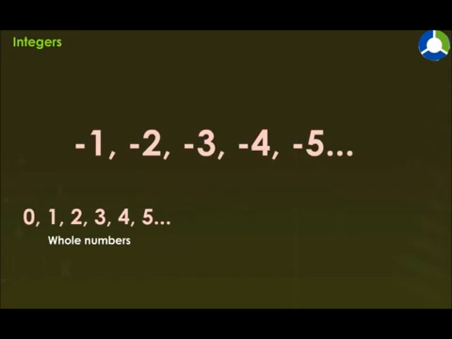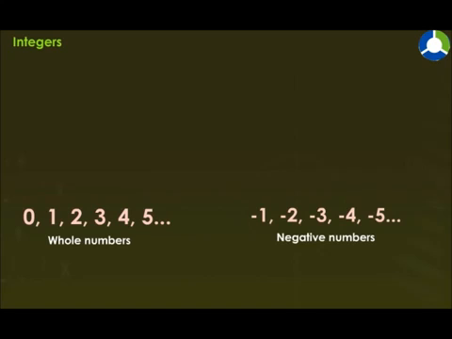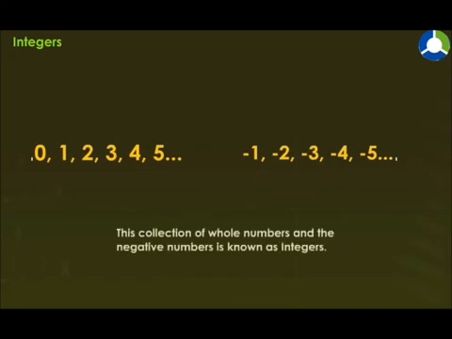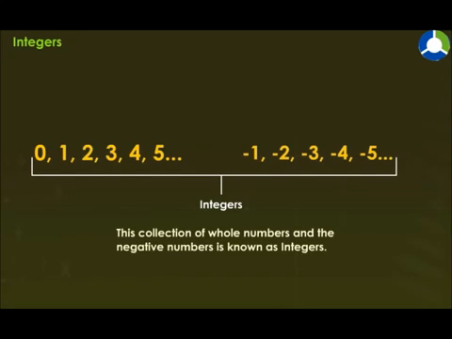Now we find that there are negative numbers too. If we put the whole numbers and the negative numbers together, the new collection of numbers will look like 0, 1, 2, 3, 4, 5 and so on, coming to -1, -2, -3, -4, -5, etc. And this collection of numbers is known as integers.